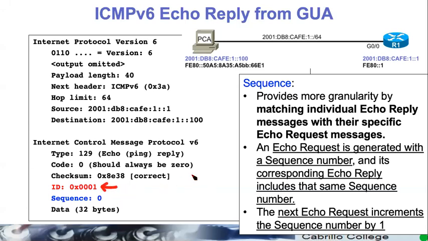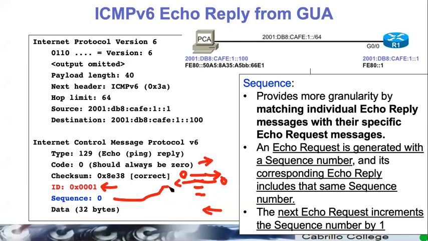Again, the ID stays the same for the set of pings. Say we have 4 pings sent, echo requests, and echo replies coming back. The ID will be the same. The sequence number will be 0 for the echo request going out, and for the specific echo reply coming back, it will also be 0.